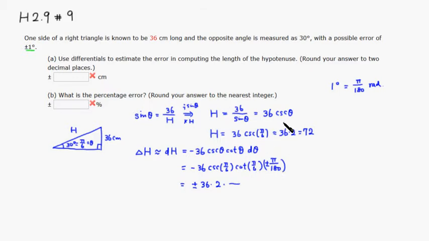Cosine of pi over 6 is square root of 3 over 2, and the sine of pi over 6 is 1/2. We can clean that up by multiplying top and bottom by 2, so it's just square root of 3. Then multiply by plus or minus pi over 180.